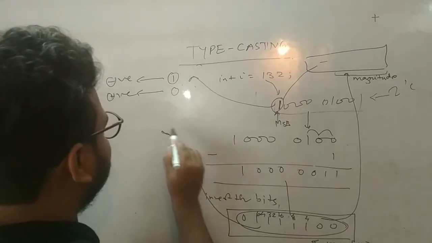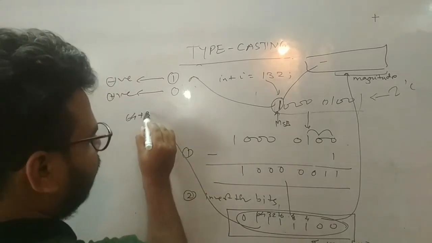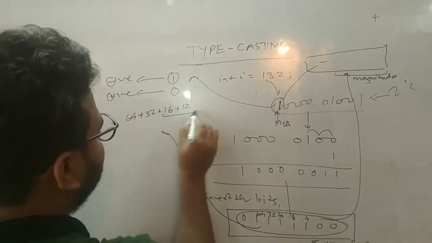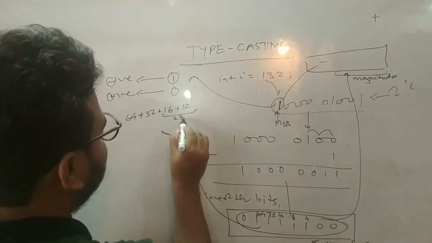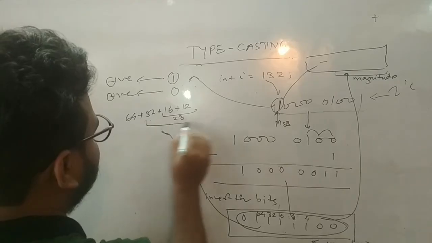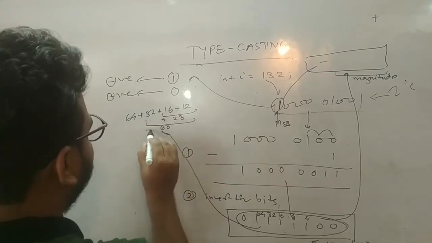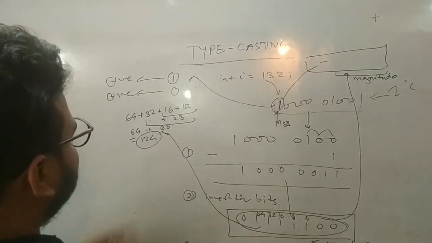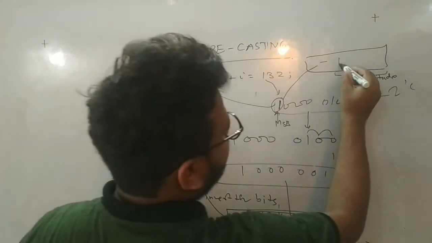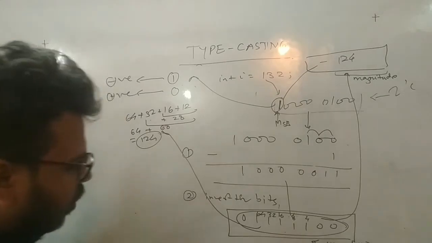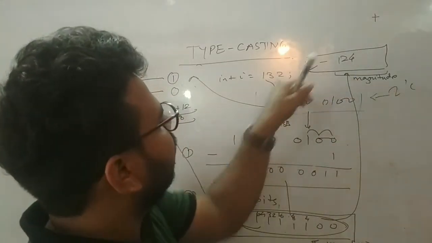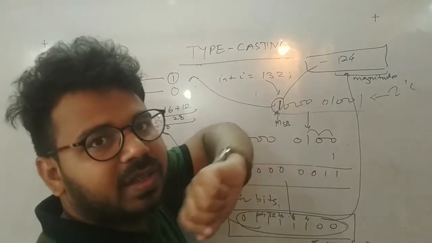So we will add these values: 64 plus 32 plus 16 plus 8 plus 4 is 12, this is 28, plus 32 it is 60, plus 64. So we are going to have 124. So here we have 124. You see, this was the same output which we had seen on the computer.